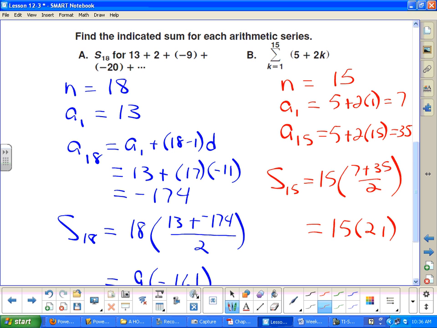Now, you've got to be with me here. No calculators allowed. What's 15 times 20? 300. How many more 15s do I have? One. So 300 plus 15 is 315.